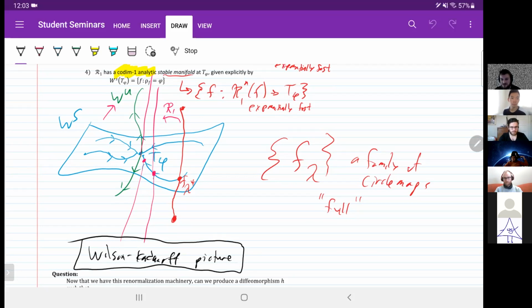I'm not even sure who proved it. You can draw a similar picture in a lot of circumstances, for example, for maps of the circle with one critical point, instead of diffeomorphisms. And that picture comes from Misha Yampolsky. But in the diffeomorphism case, I'm not actually sure who proved this first.